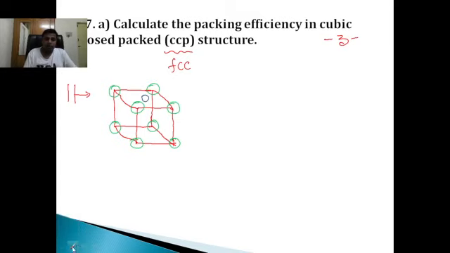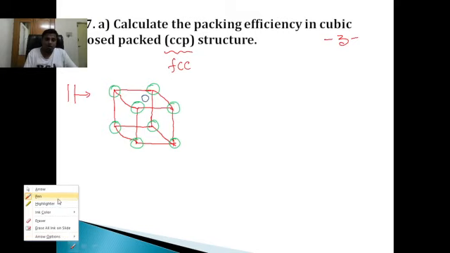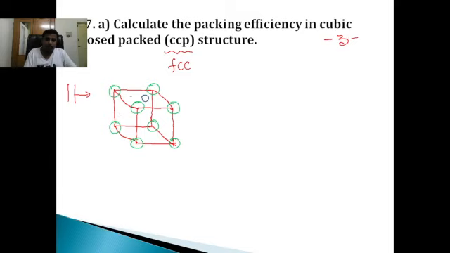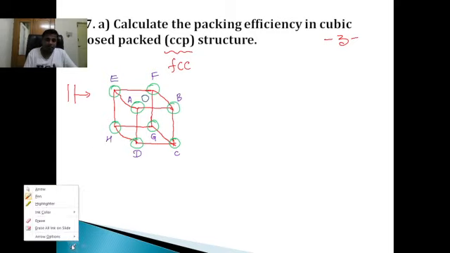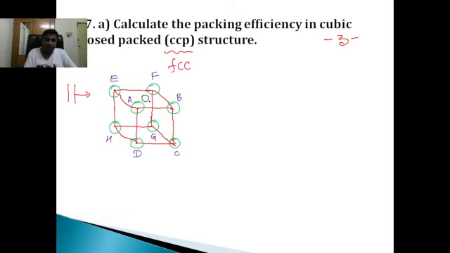Now, students, let us call the corner particles A, B, C, D, E, F, G, and H. Let the face centered particle be K. Now let us concentrate on the derivation.